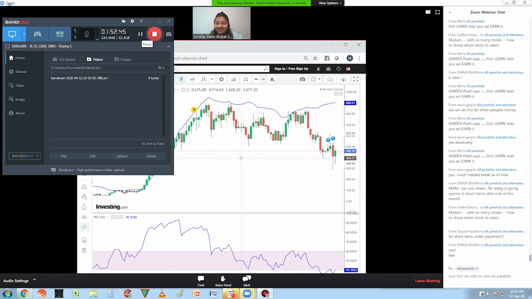Okay. So let us check from here. We have this candle which has closed above the upper band. Let us check. What is the value of the upper band, everyone? You can see the value of the upper band here and open high low close here. Okay. So what is the value of the upper band?